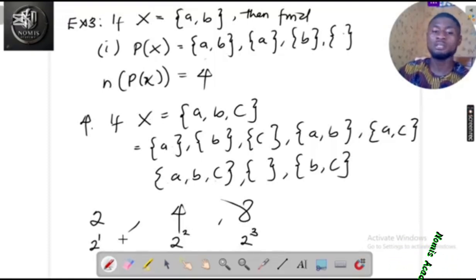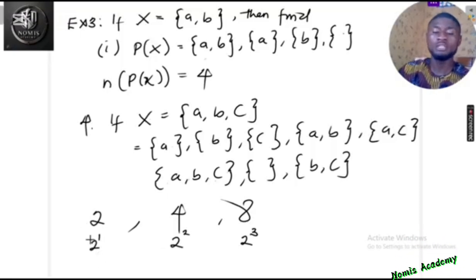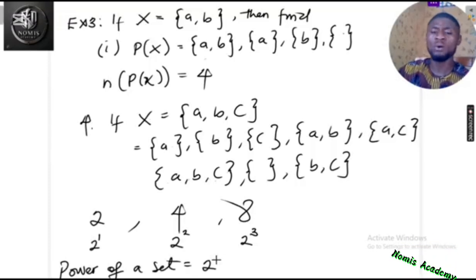That means the power of a set is given as, let's take it as a formula, the power of a set is equal to 2 raised to the power of the cardinality of that set. Remember what cardinality is? Cardinality is the number of elements in that set. So when we check the number of elements in a set, we can tell the power of that set.